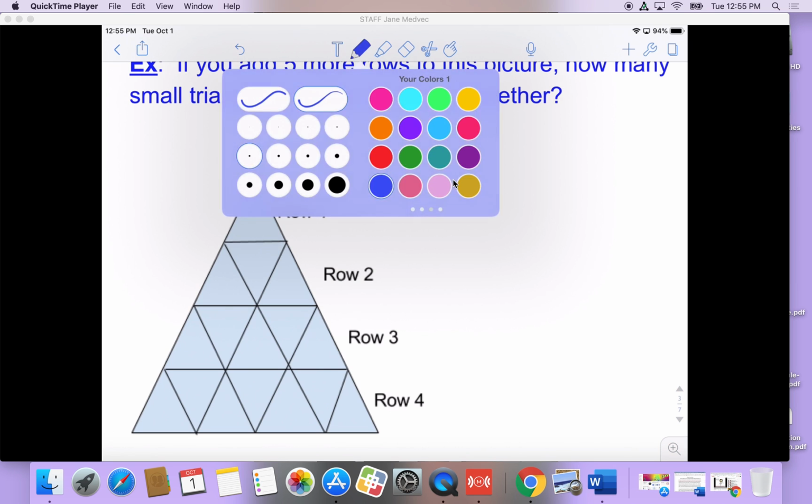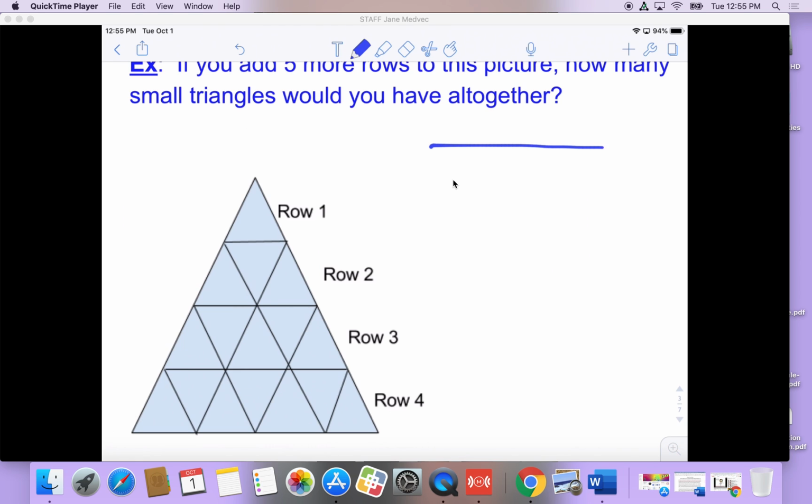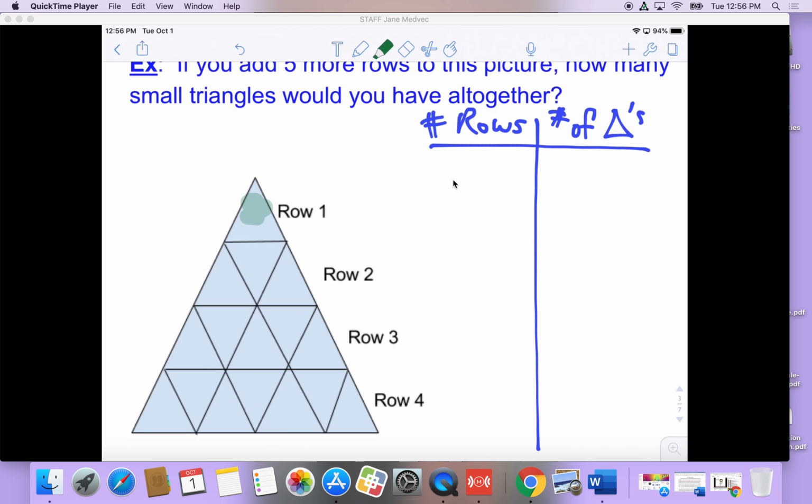Okay, maybe this will help you. XY table, right? We're going to look at a table. And over here I've got number of rows. Here I have number of triangles. And it's going to help us with this. Okay? So I'm going to take a look at the number of rows. I'm going to look at the first row right here.